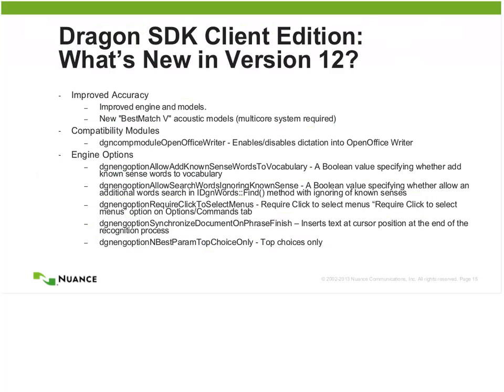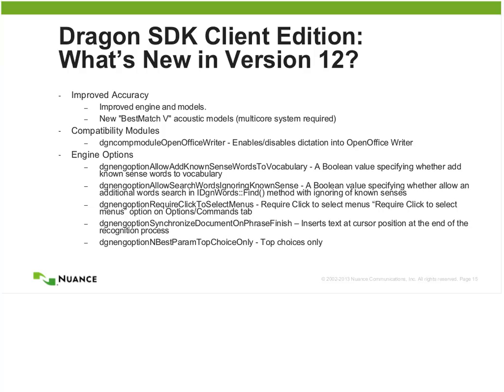We have a new acoustic model called Best Match 5, and that provides a boost in recognition accuracy because we're now able to support recognition running on a dual-core or multi-core system. These models require at least 2 cores to run, and they provide a boost in accuracy.